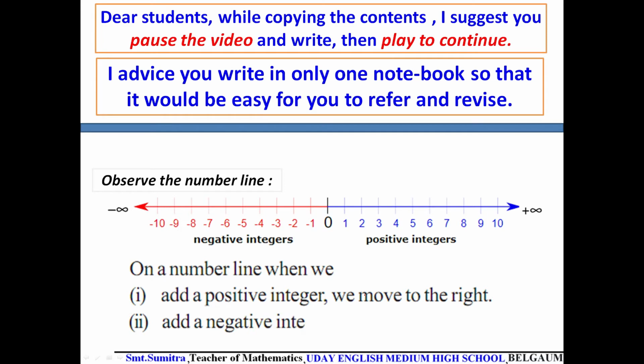And when we add negative integers, we move left side of 0. This is a very simple concept. Hope you understood. Let us continue to the next page.